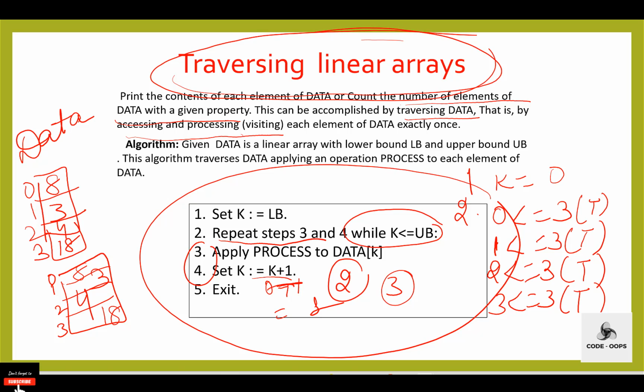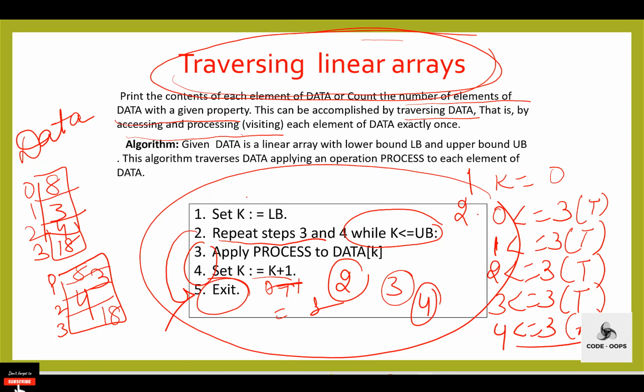Now k is equal to k plus 1. k becomes 4. Repeat steps 3 and 4 while 4 is less than or equal to 3. Now 4 is less than or equal to 3, the condition is evaluated to be false. Then control transfers to step 5. Exit from the algorithm. This is the algorithm for traversing a linear array.